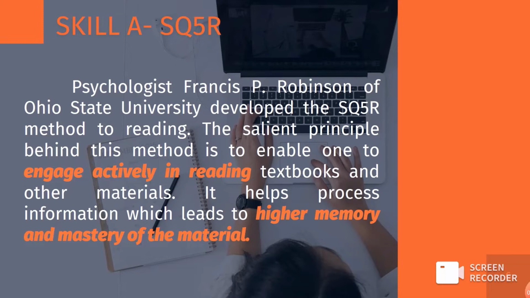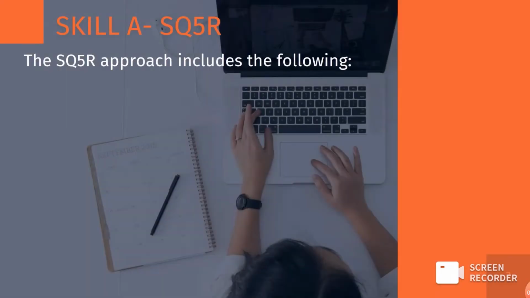Now, SQ5R would allow you to engage actively in reading, and aside from that, you would likely have higher memory and mastery of the material or the passage that you're reading. And now, the SQ5R approach includes the following.